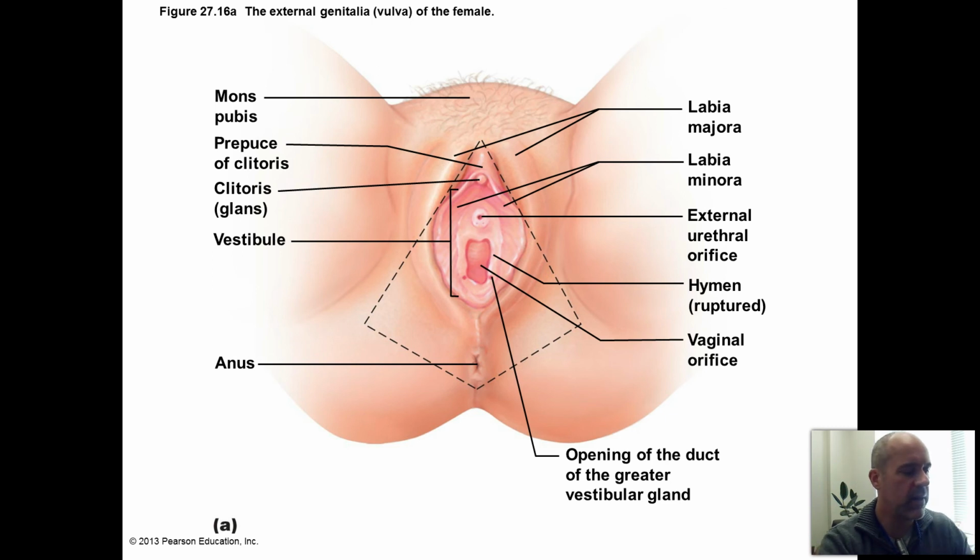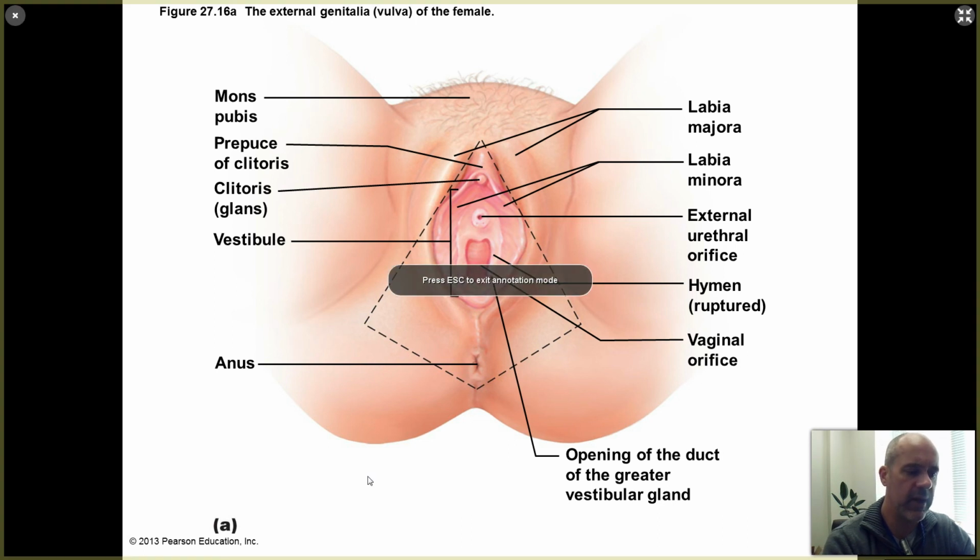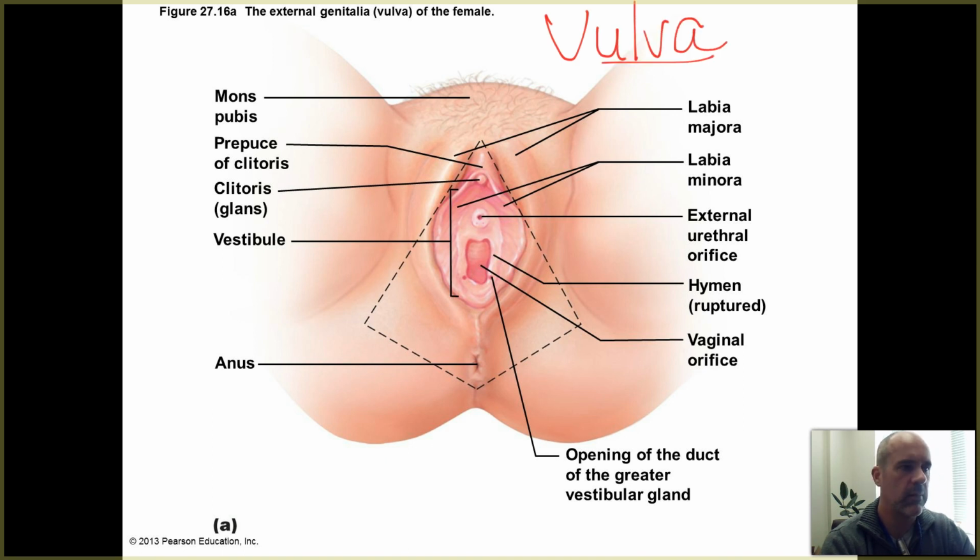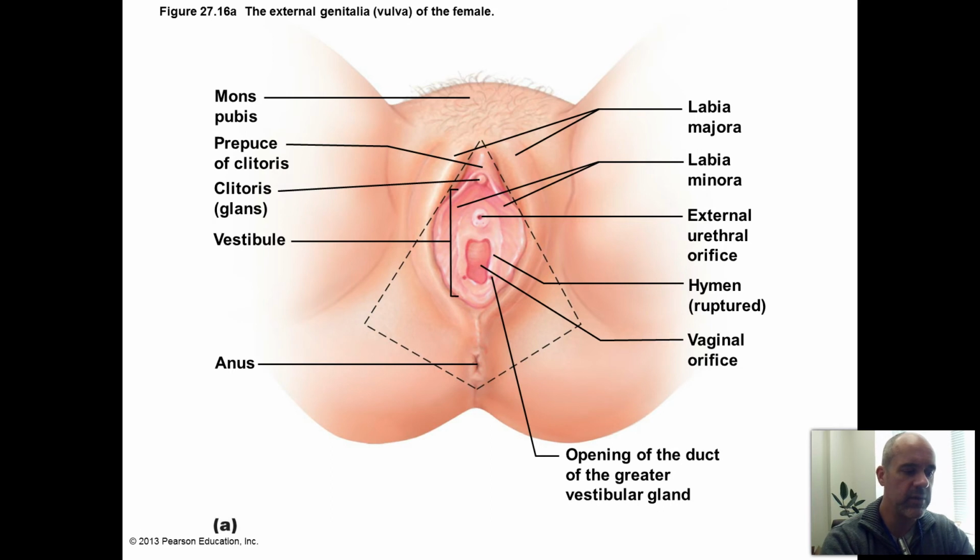Okay, then collectively all of the external structures of the female anatomy are called the vulva. And again, this is a rehash of what you're covering over on the anatomy side, so just review those structures. The vulva includes the labia majora.